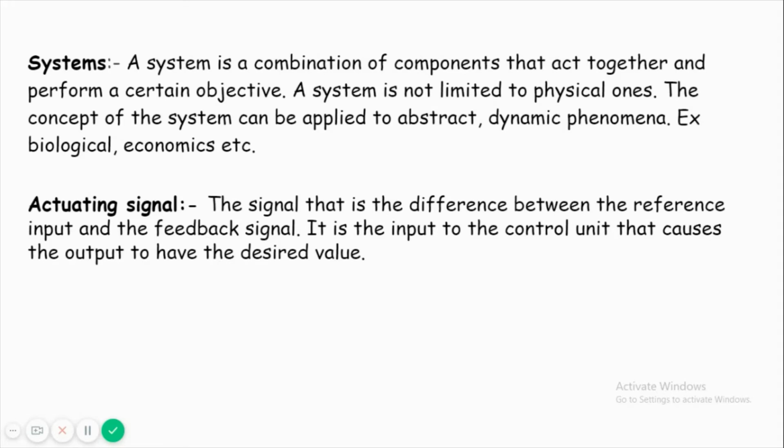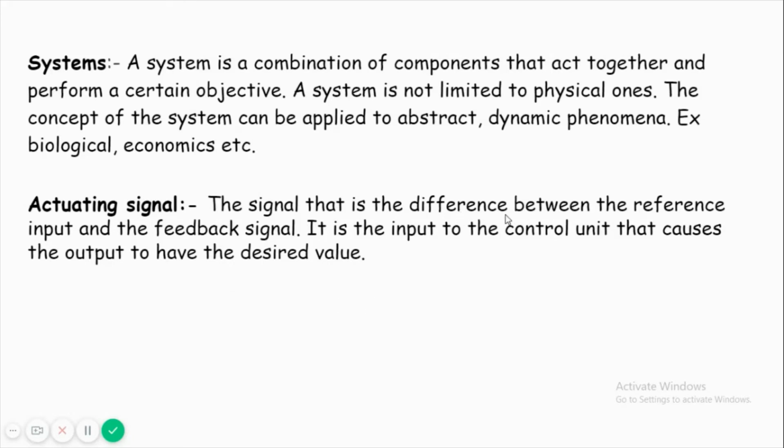So the next definition is of an actuating signal. What is an actuating signal? It is the error, or the difference, between the reference input and the feedback signal. Feedback signal can be a function of the output, or the actual output of the plant or the control system. So this is the definition.